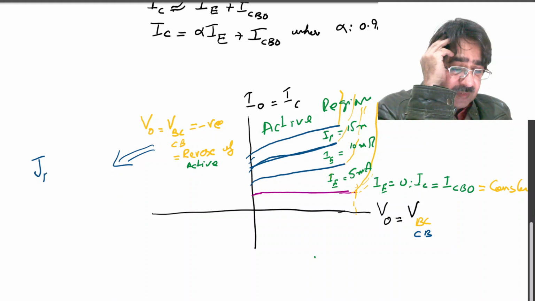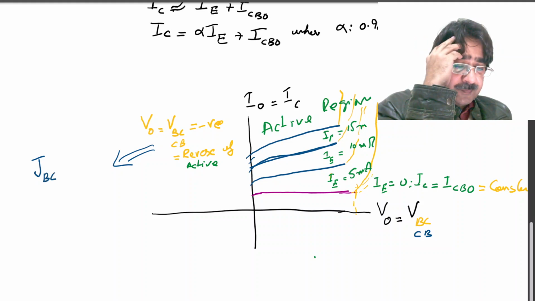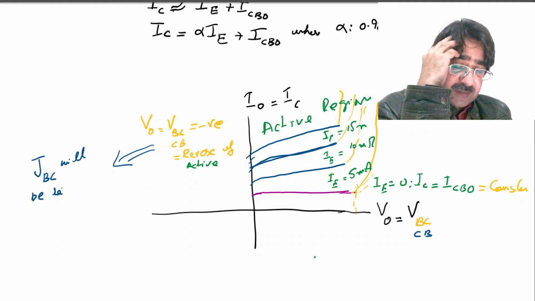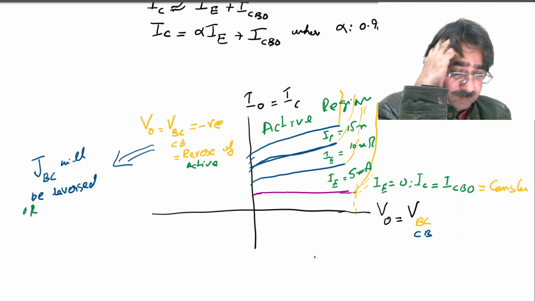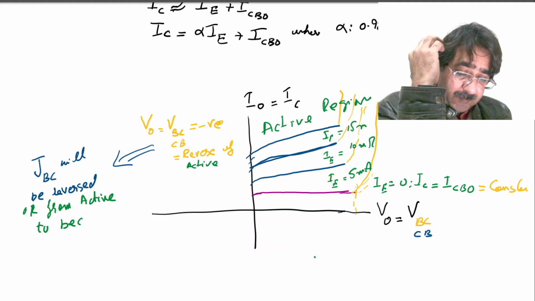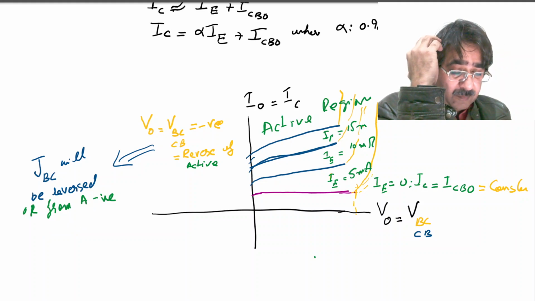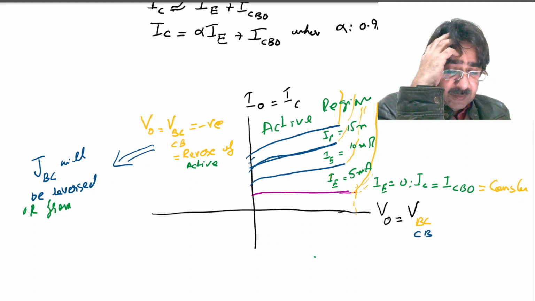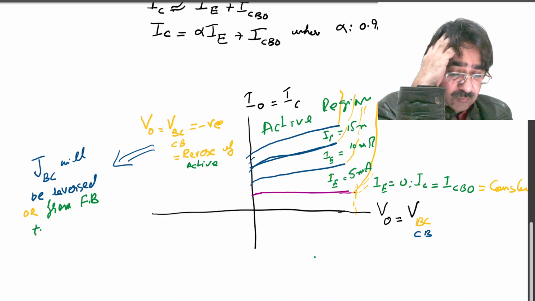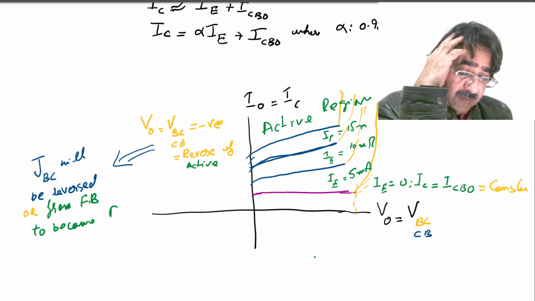So this means the junction BC, the collector base junction, will be reversed, or you may say from forward bias to become reverse bias.